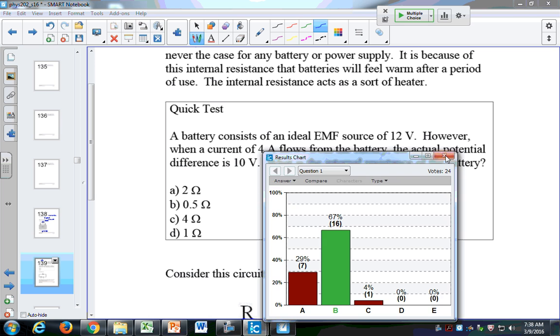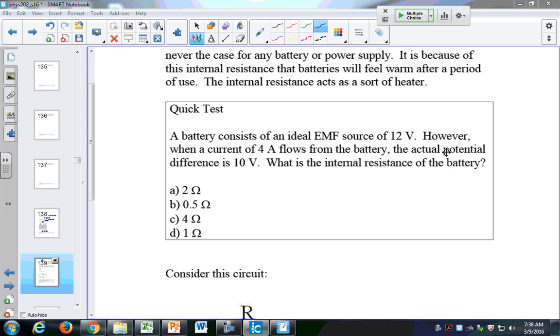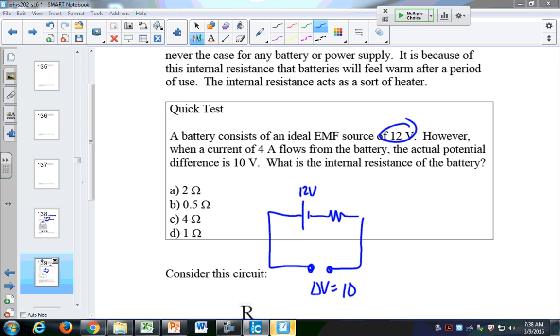Okay, good. B is the right answer. And I know that I start out with an ideal EMF of 12 volts. But it has an internal resistance across it. And if I measure my actual terminal voltage, measure it across these 2 points, this is going to be my delta V, and it's equal to 10 volts.